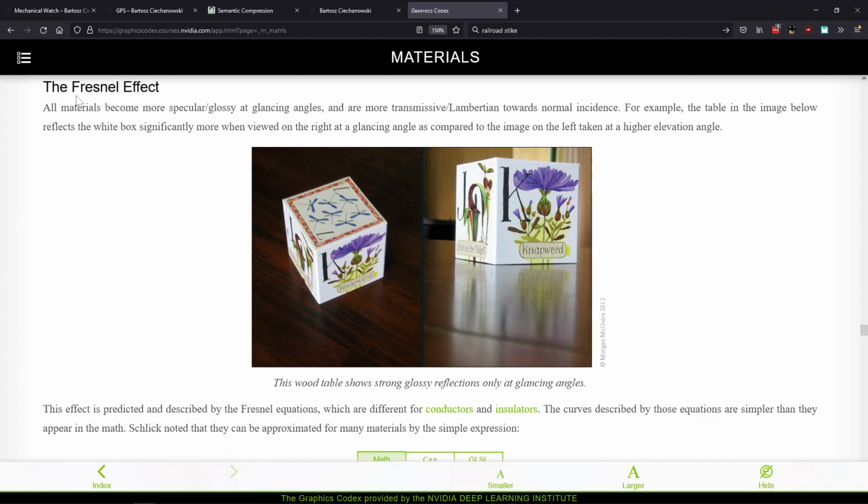Fresnel effect. Not the Fresnel effect as I thought for a long time.